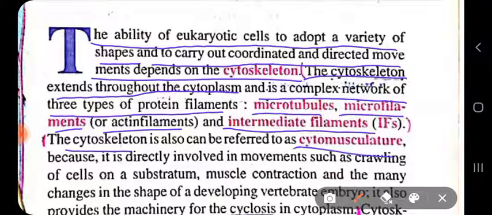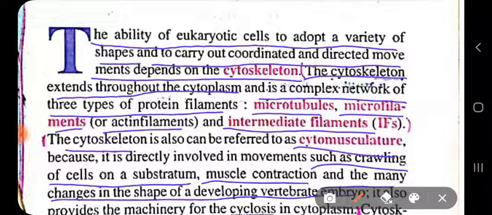Another name of the cytoskeleton is cytomusculature, because it helps in different types of movement, like crawling of cells on a suitable substrate, contraction and relaxation of muscles, and the different changes that we observe during the development of a vertebrate embryo.